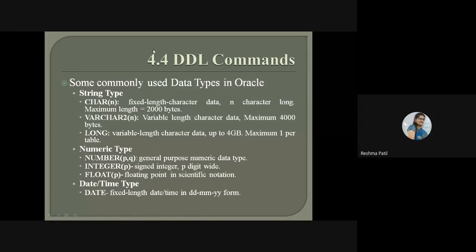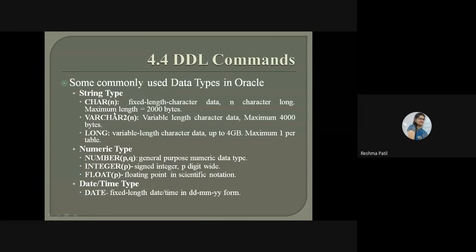These are some data types which we can use in Oracle. What are the types of data type? String type, numeric type, and date time type. In string type, we have char with n value, where n means how many characters you want from the user. That number we can specify here. Maximum length of char data type is 2000 bytes.